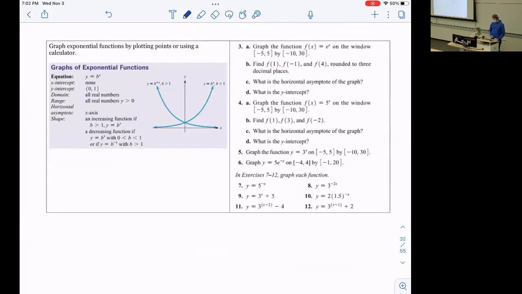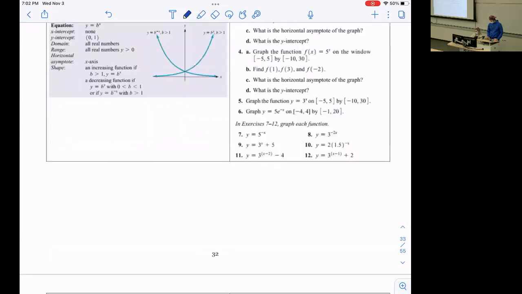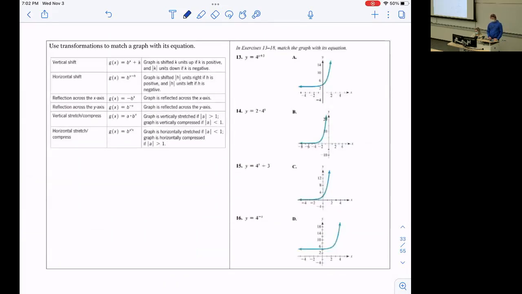Next section, graph exponential functions by plotting points or using a calculator. Any questions on 3 through 12? Next one is use transformations to match a graph with its equation, so 13 through 16.